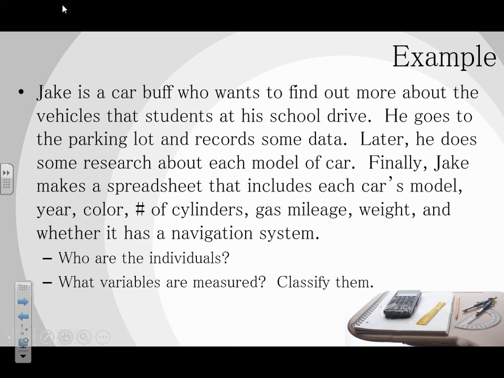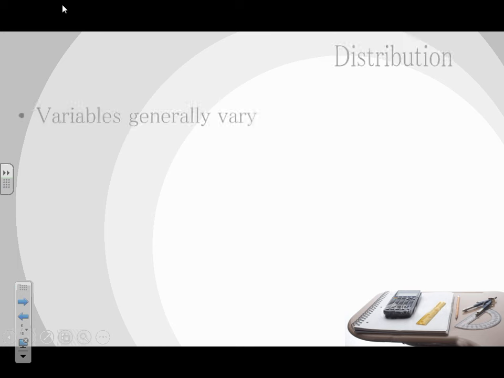Okay? And then the last one, whether it has a navigation system, categorical. So yes or no fits into one of those categories. Okay? So one of the things you'll be expected to do is take a scenario like this and be able to say, what are my individuals, what am I measuring, and then what type of measurements am I taking? Does that make sense? All right.